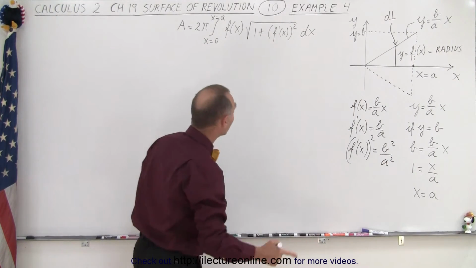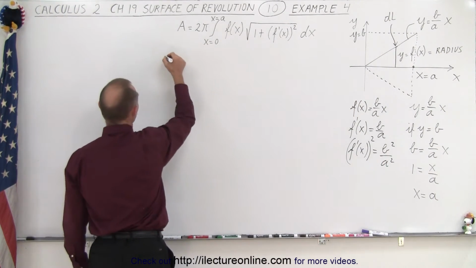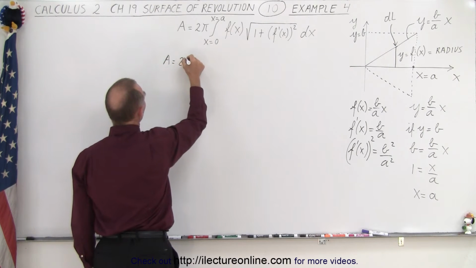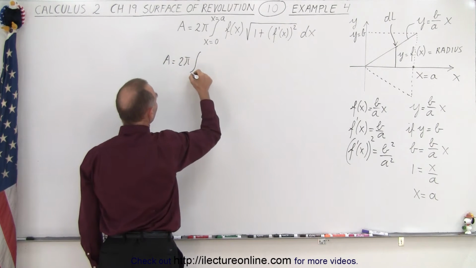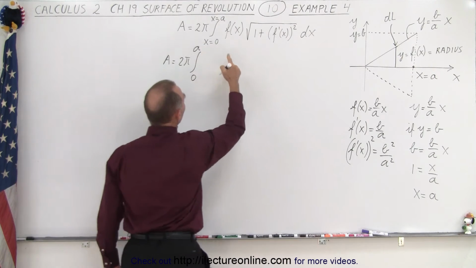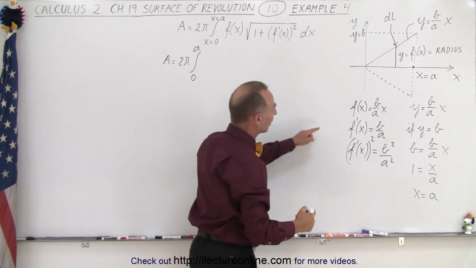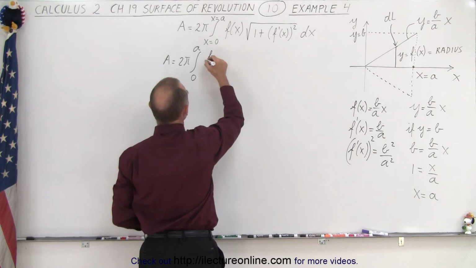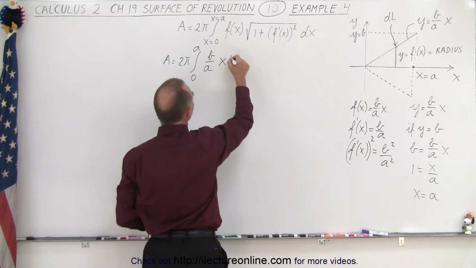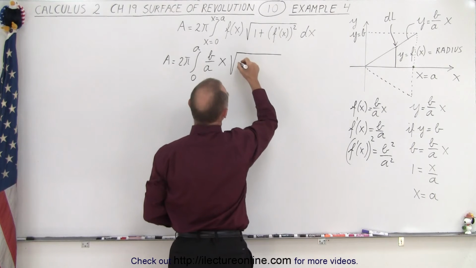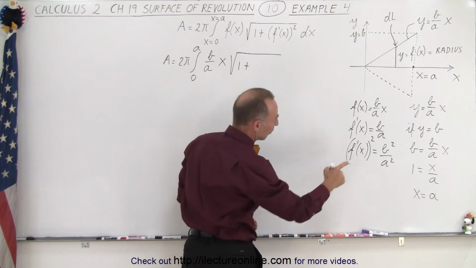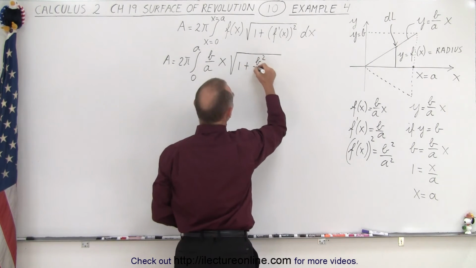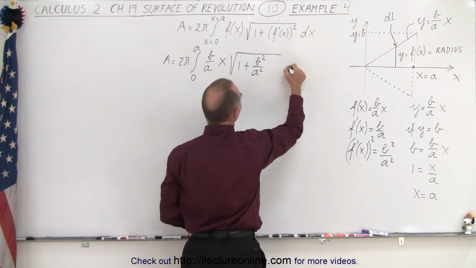So now that goes in here, and now we know that the area is going to be equal to 2 pi times the integral from x equals 0 to x equals a of f of x. Now f of x is the function, which is b over a x. So that's b over a times x times the square root of 1 plus f prime of x squared, which is b squared over a squared, times dx.